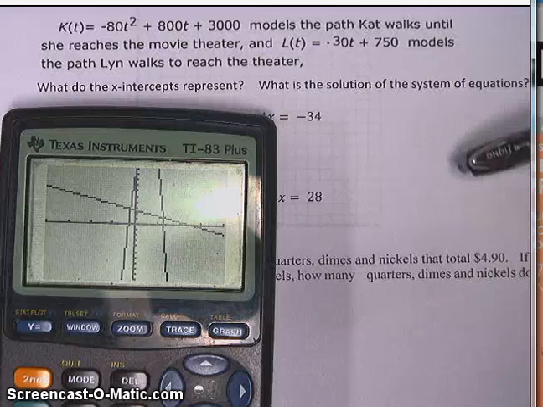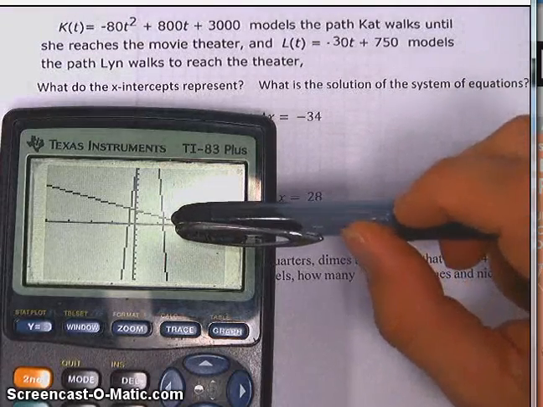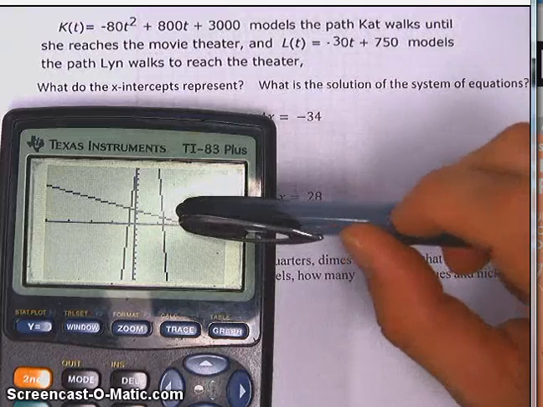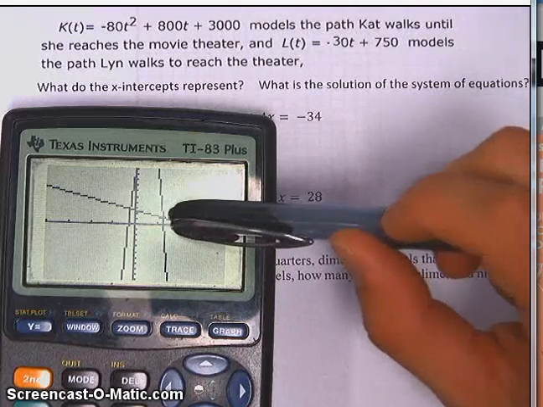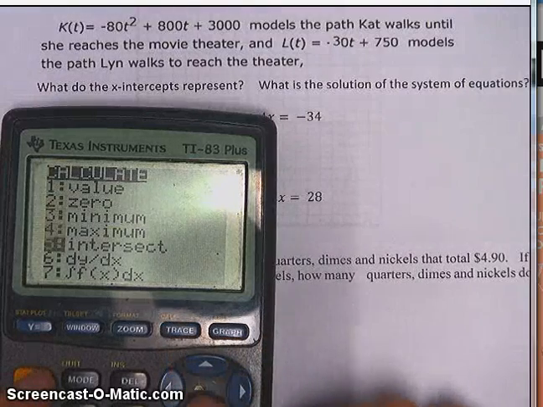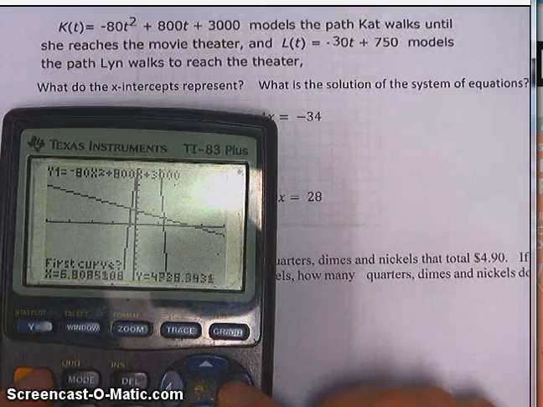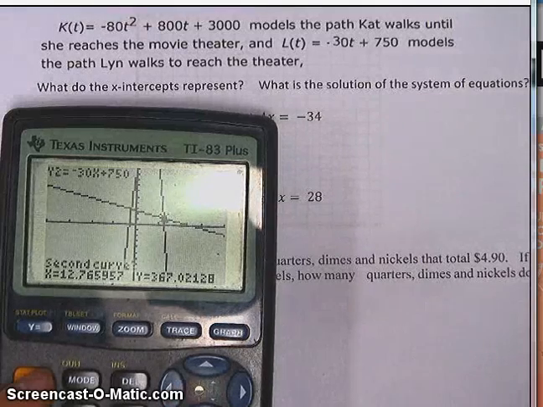Now what is the solution to the system of equations? I think it only makes sense for us to talk about the positive ones. So I'm going to find this solution right here. I'm going to do second trace 5, and I'm going to move my spider as close as I can to that solution, and I'm going to hit enter 3 times.